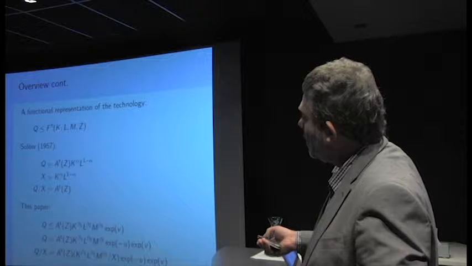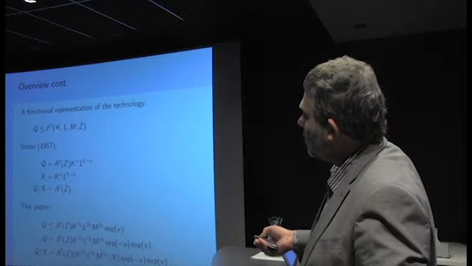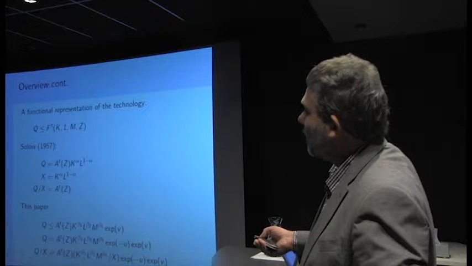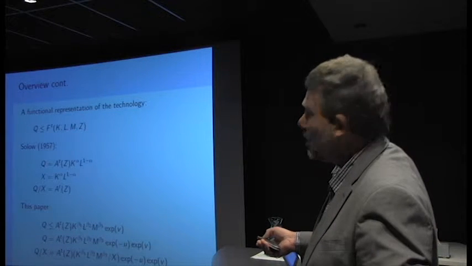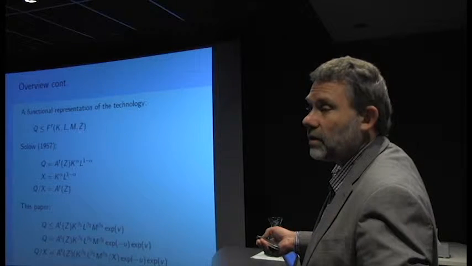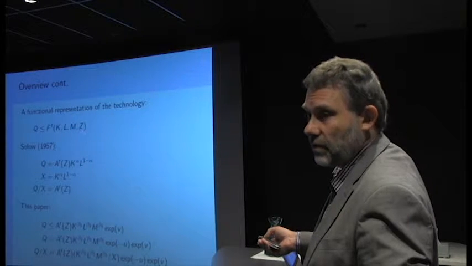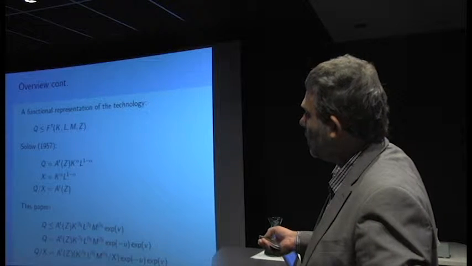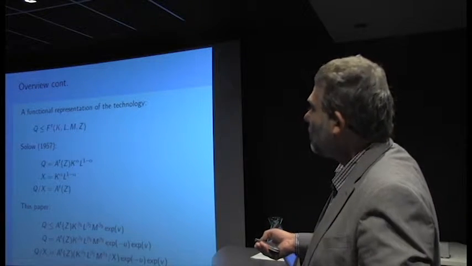On the right hand side, this big K, economists can't spell, so K stands for capital, L for labour, M for materials, and Z is standard notation for environmental variables, things that are outside the control of the firm. And this is the basic model in economics for a simple or aggregate production function.